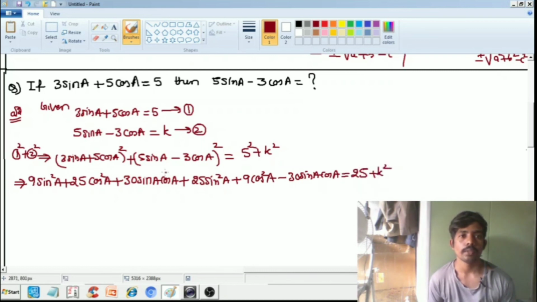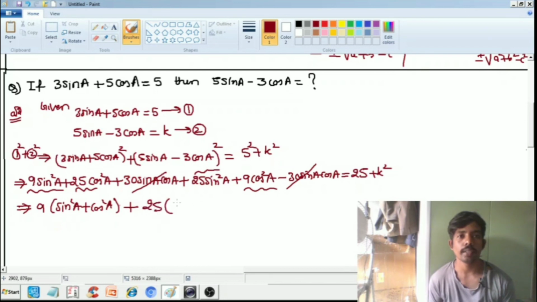From here, the 30 sin a cos a terms get cancelled. From the remaining, take 9 common: sin square a plus cos square a, plus 25 common: cos square a plus sin square a.